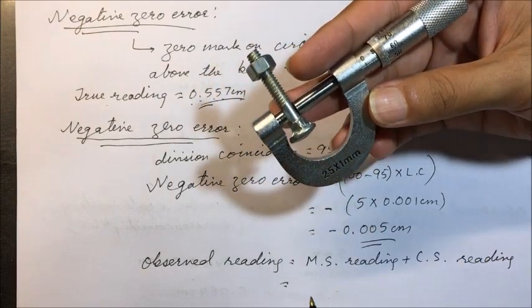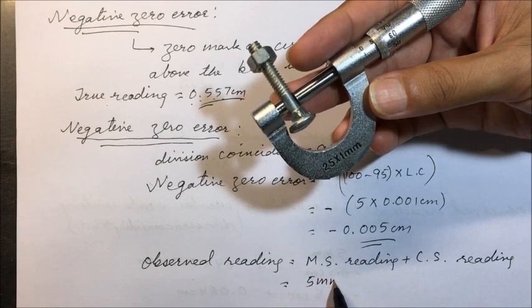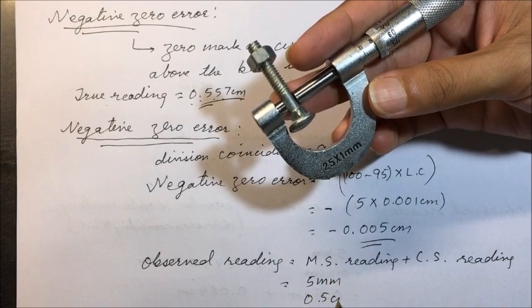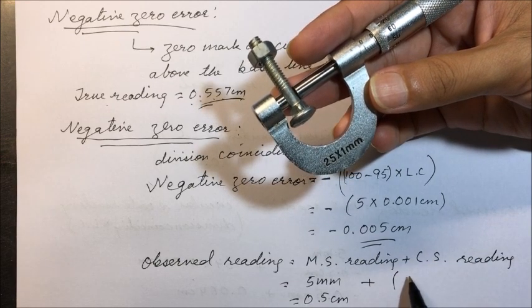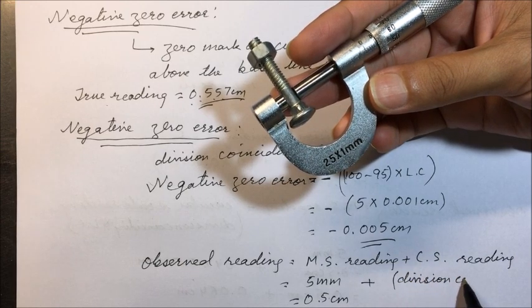Main scale reading is 5 mm, or 0.5 centimeter, plus division coinciding into least count.